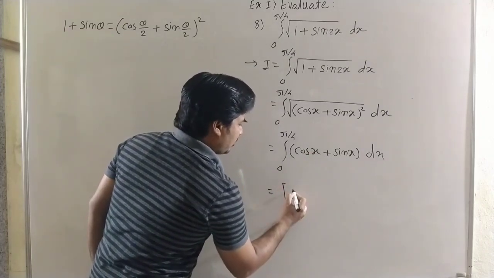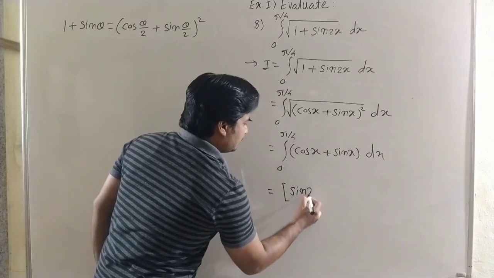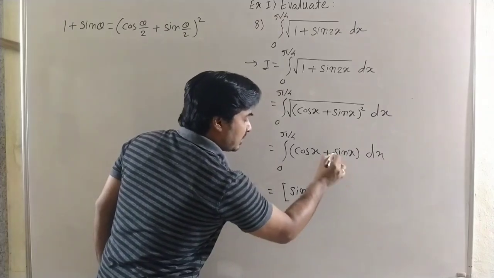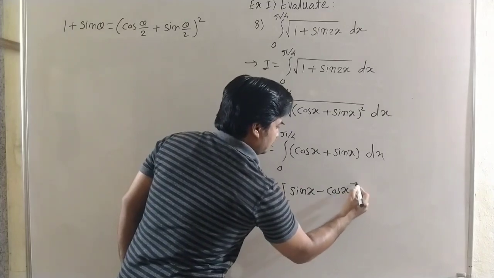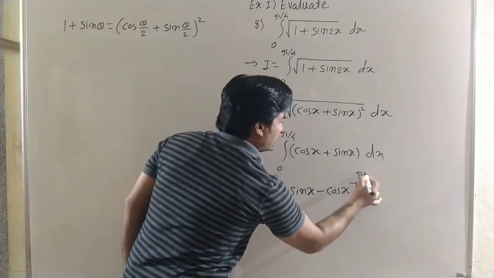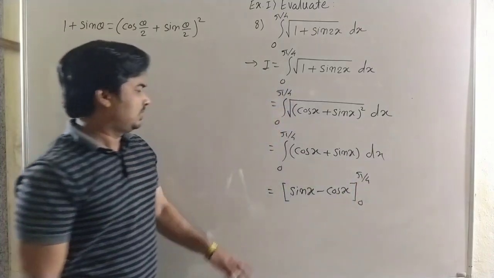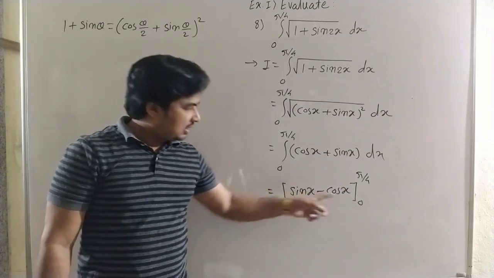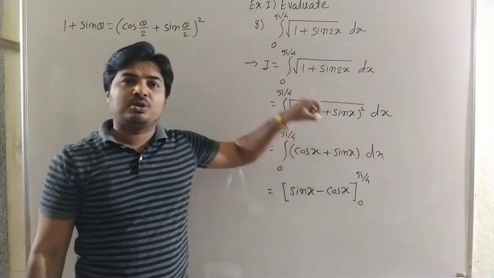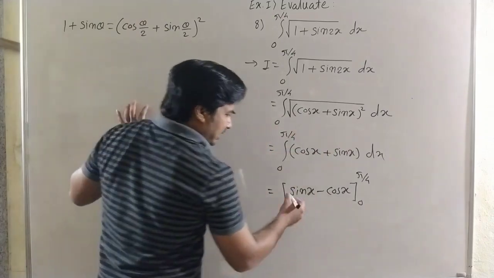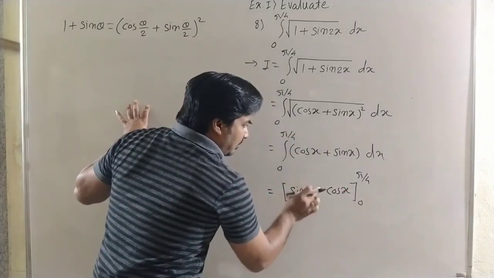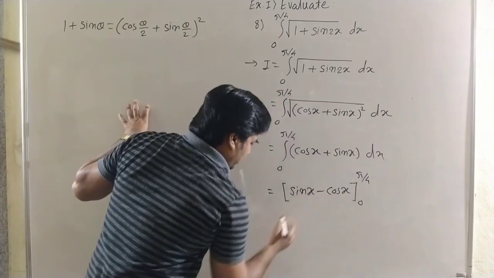The integral of cos x is sin x, plus the integral of sin x, which is minus cos x, with limits 0 to pi by 4. Okay, now it is an integral with limits 0 to pi by 4. So first we put the upper limit minus the lower limit. In this integral we put the upper limit, that means x is replaced by pi by 4.